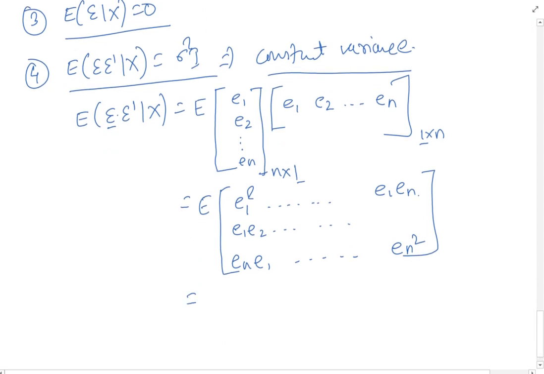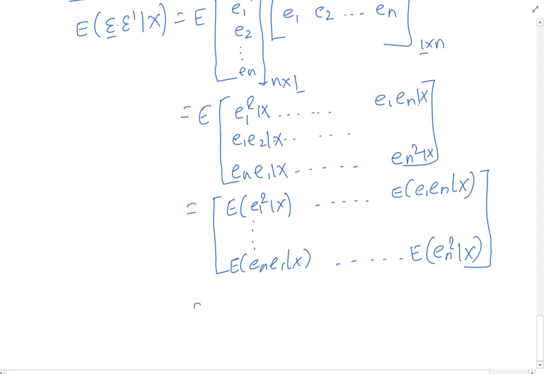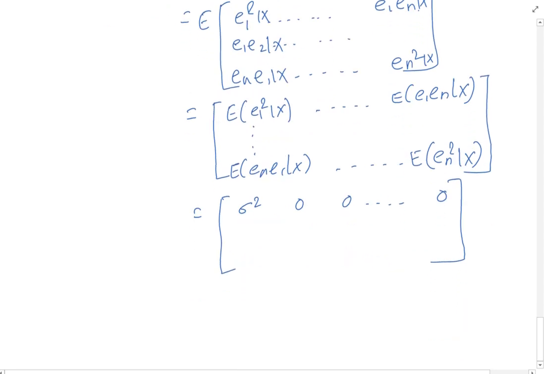And let's open the expectation sign. Since it is a conditional value, it is given X. It will be the expected value of e1 square given X, dot dot dot, the expected value of e1 en given X, and so on, down to en e1 given X, dot dot dot, and en square given X. And since we know that the variance is constant, the diagonal entries are sigma square and all the others are 0.